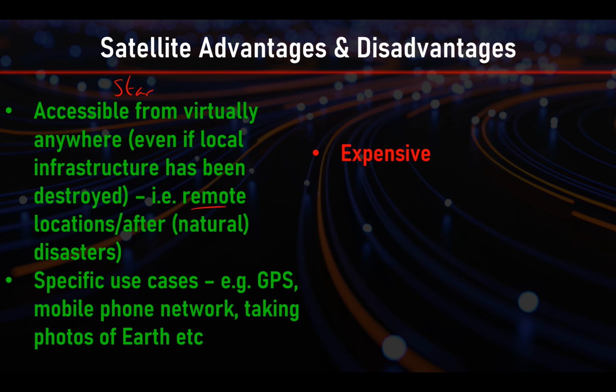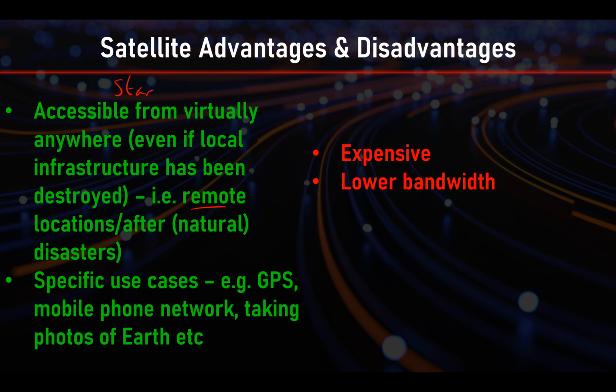Disadvantages: of course, it's expensive, with low bandwidth. Actually, the bandwidth of the entire satellite isn't really that low. It's pretty good. But the problem is that the satellite is shared between thousands of people. It's not going to be economically viable for each person with a mobile phone to have their own individual satellite assigned to them.